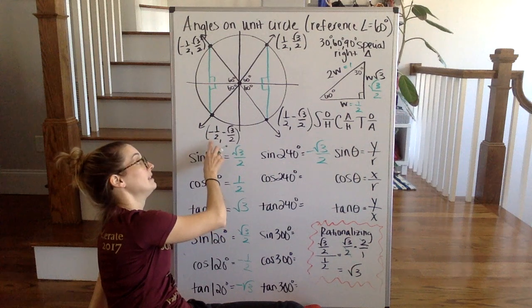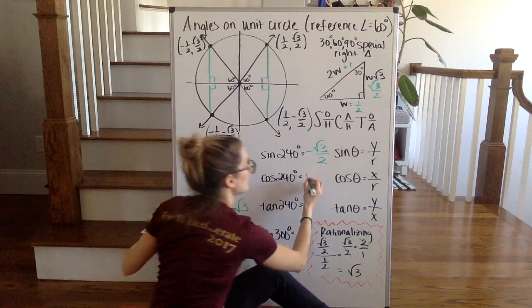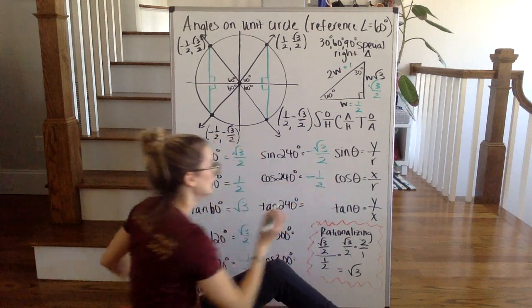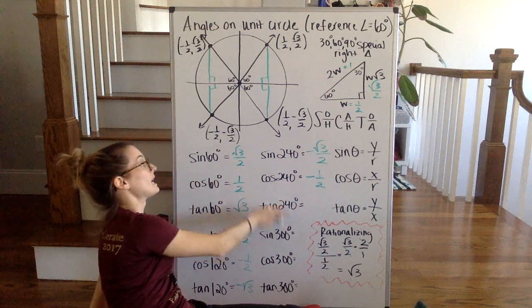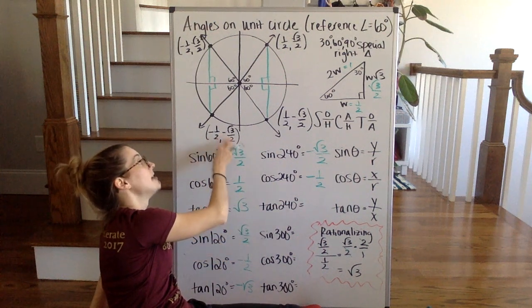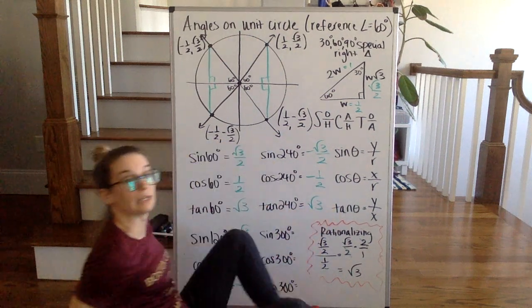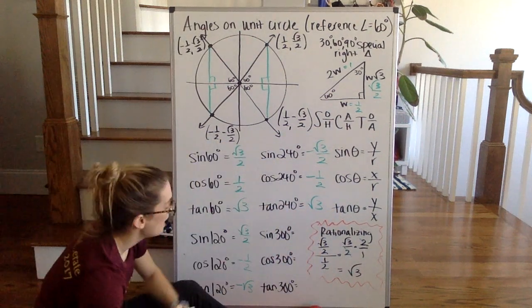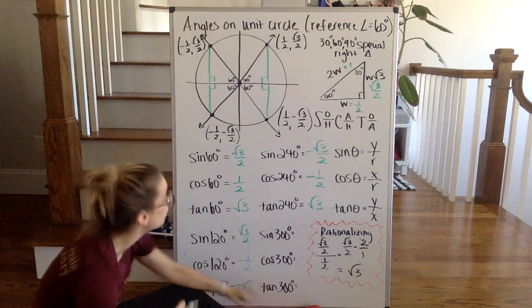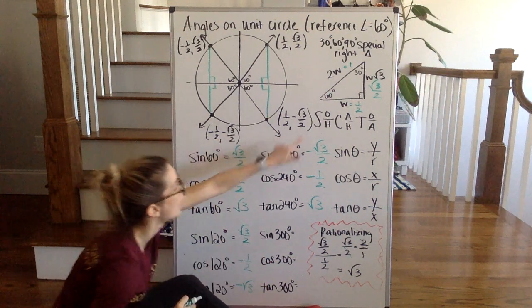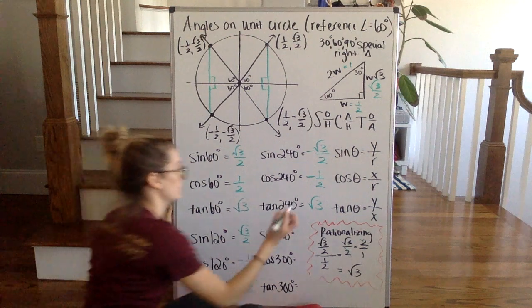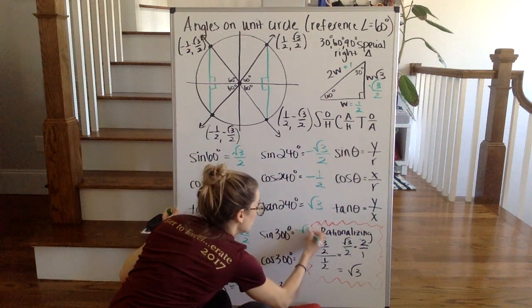Cosine of 240. Here's your x coordinate divided by radius. Cosine is negative. Tangent of 240, y coordinate divided by x, negative divided by negative is a positive. It's going to be positive root 3 when I do all that math. And finally, moving into quadrant 4. Quadrant 4, y coordinate divided by radius for sine is negative root 3 over 2.